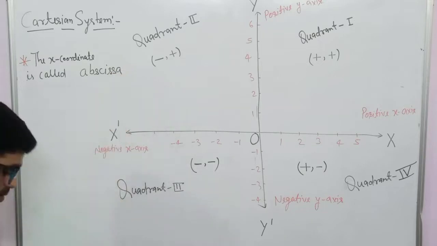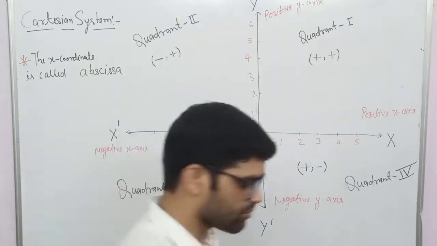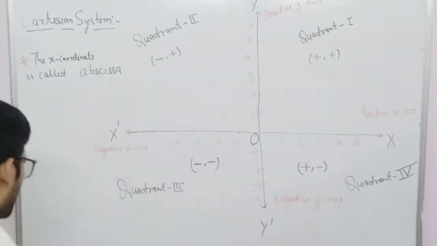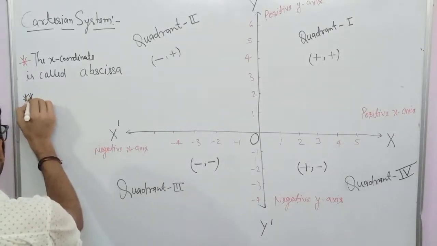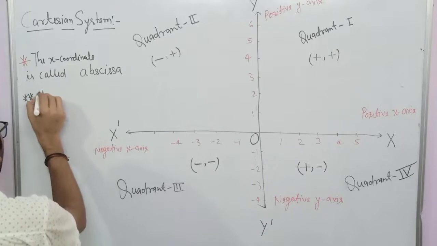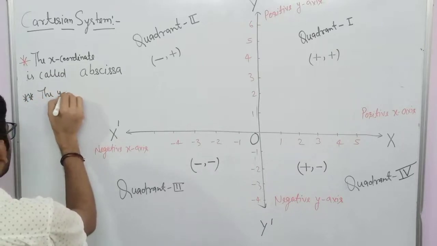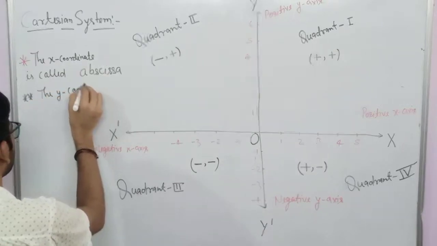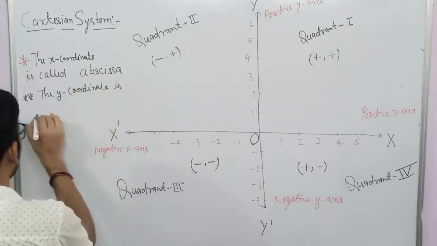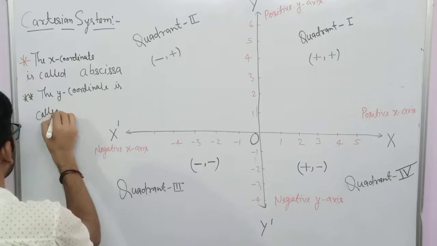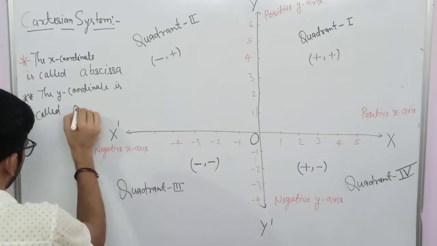There is also a name for the y coordinate. What is the y coordinate? You can write again, double star: the y coordinate is called ordinate.